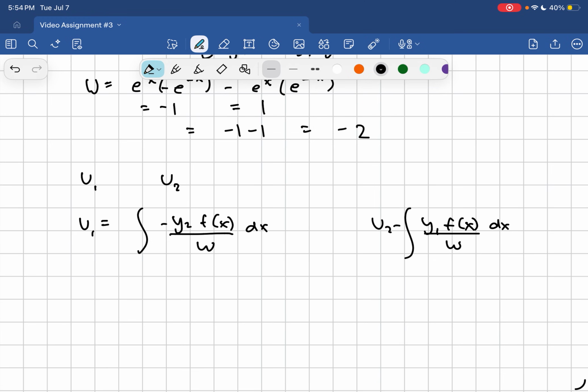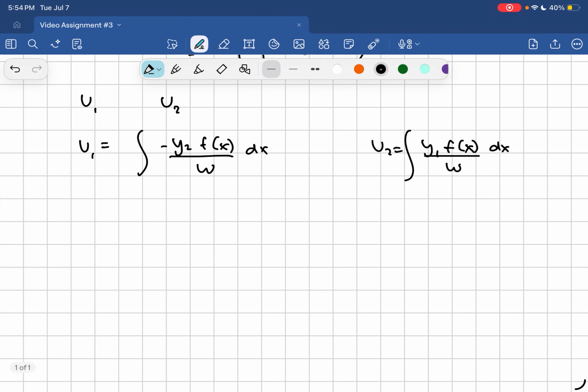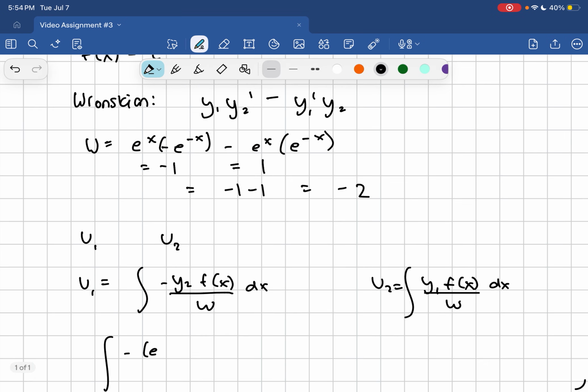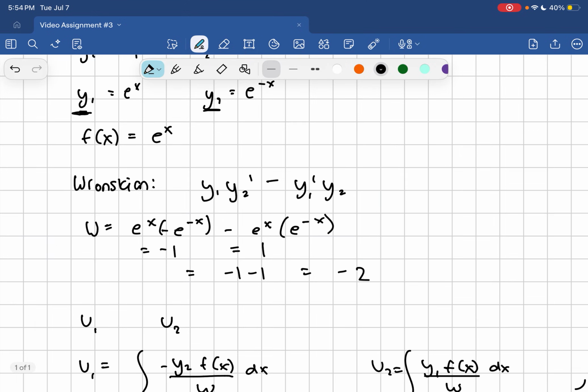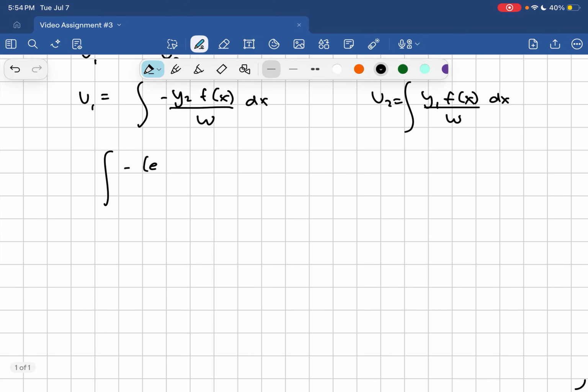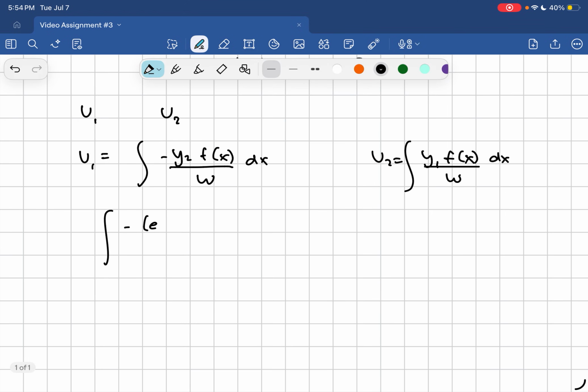So we can calculate u1 first, and plugging everything in, we get the integral of negative e to the negative x times e to the x all over -2 dx.